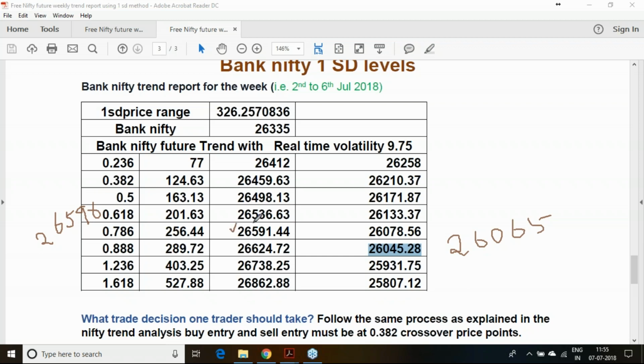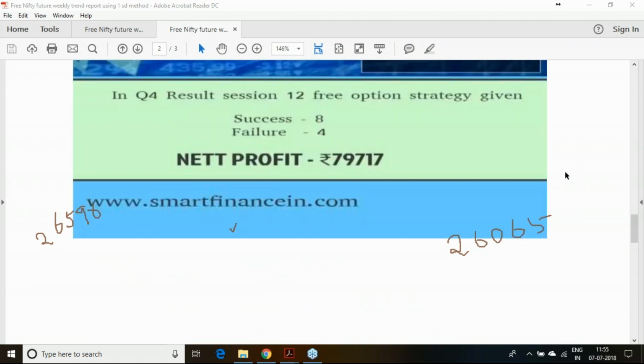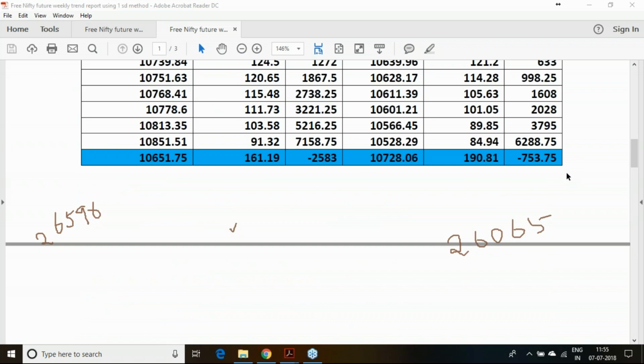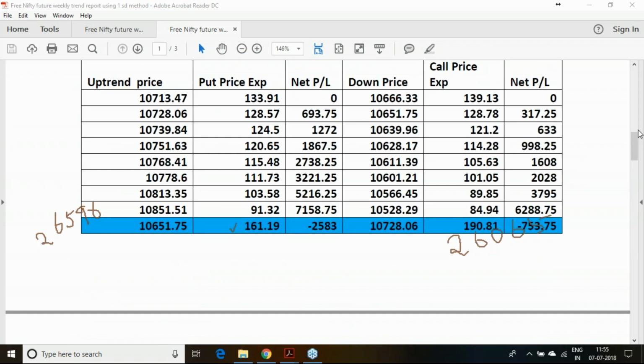We calculate these targets way before, 2-3 days before, and still it is validating true. Same for the Nifty. We calculated these levels, and we got 10,816, and on the downside we also got 10,595.